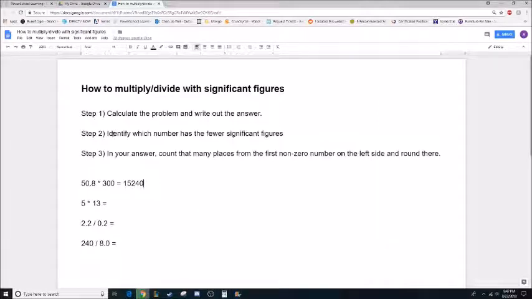Step 2 says to identify which number has the fewer significant figures. So I'm going to take a look at these 2 numbers right here. My first number, 50.8, has 3 significant figures, and my second number has 1 significant figure. So I'm going to keep a note, because I want the one with the fewer significant figures, and that would be my 300.